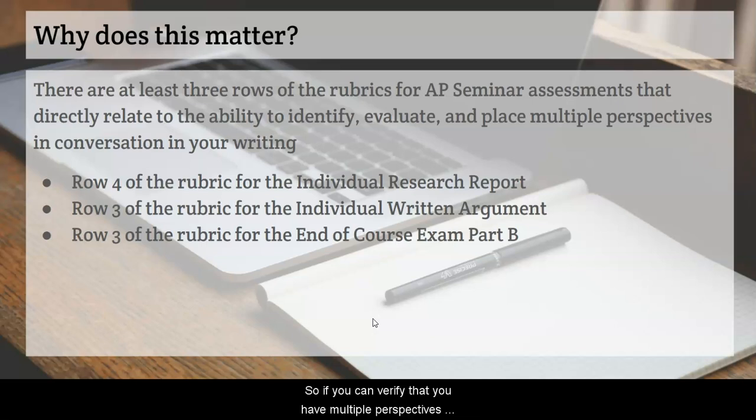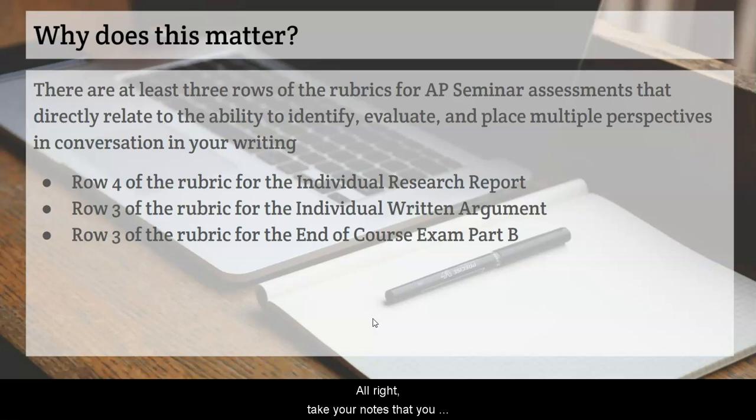So if you can verify that you have multiple perspectives inside of the same paragraphs when discussing the perspectives of end of course exam part B, first identifying the perspectives of the sources you're referencing and then placing them in conversation with your own perspective, whether you're contributing an oppositional or similar or relevant perspective. This is where we're going to see this particular skill being important for your AP exam score.